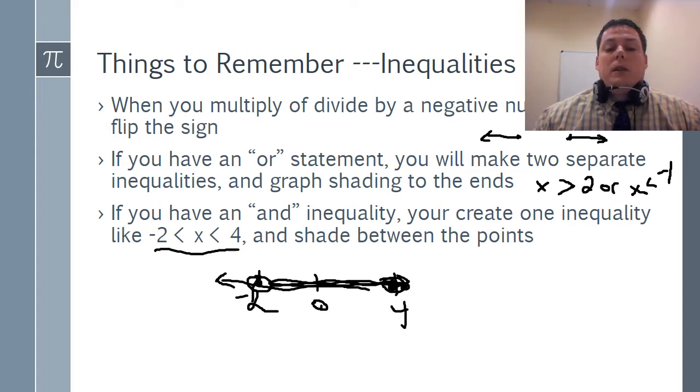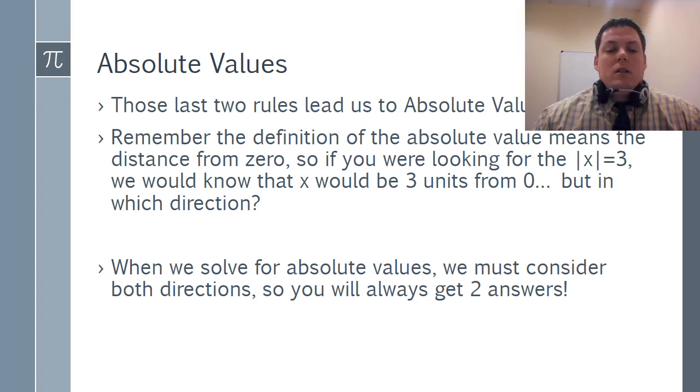And what we're going to learn about is how absolute value ties into this kind of idea of setting two separate equations into one. So when we're dealing with absolute values, those last two rules lead us into what we're doing here. So if you remember, the definition of the absolute value means the distance from 0.